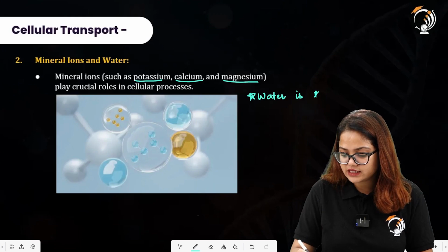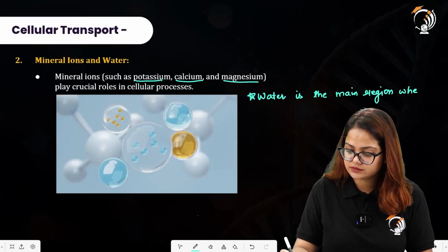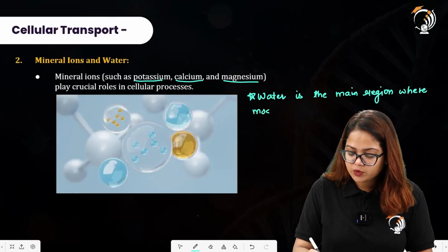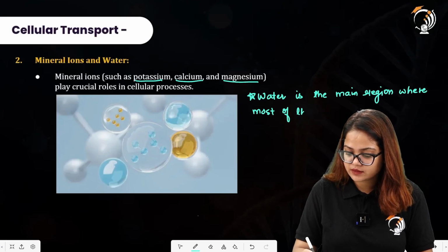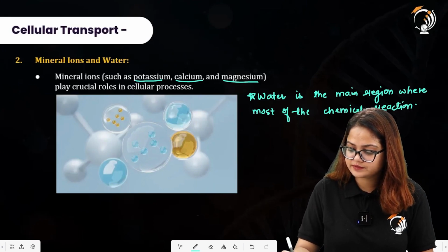Water is the main region where most of the chemical reactions occur. All right.